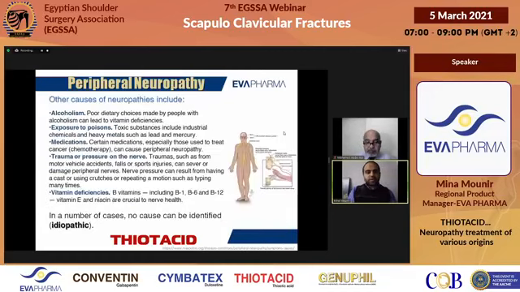Also, other causes in some countries: increased intake of alcohol may be one of the causes of neuropathy. Exposure to poisons in some areas with high pollution. In these cases, heavy metals are leading to toxin neuropathy.